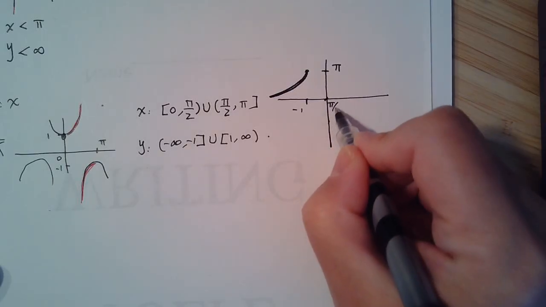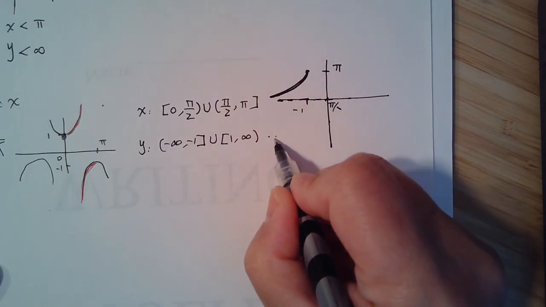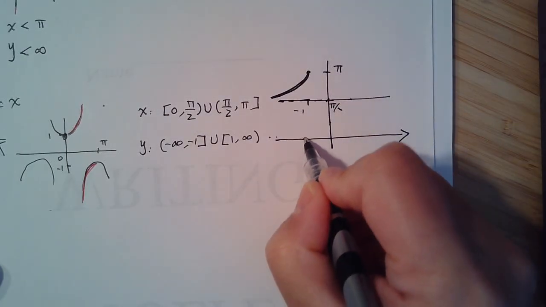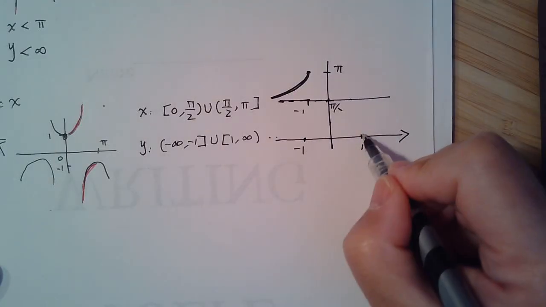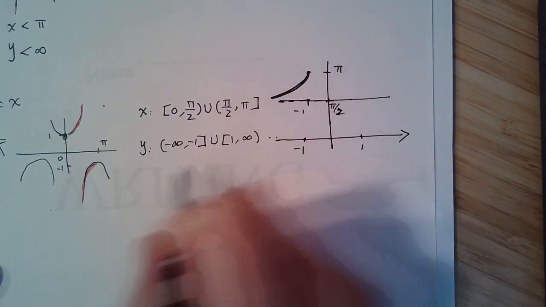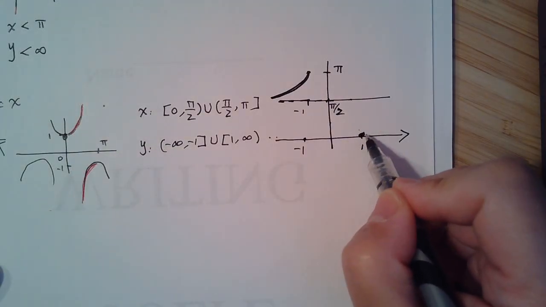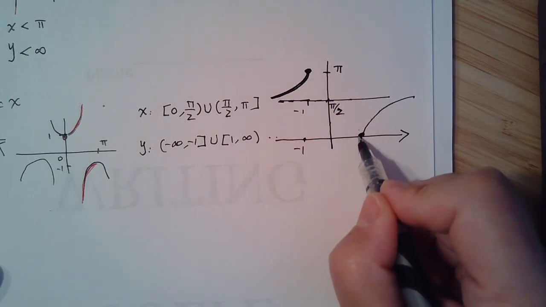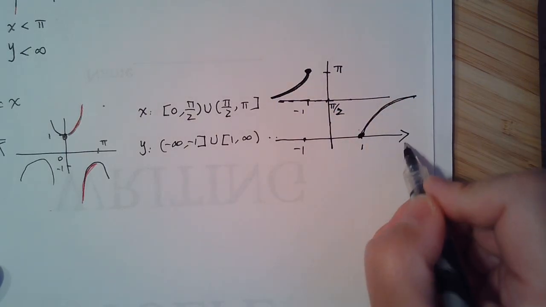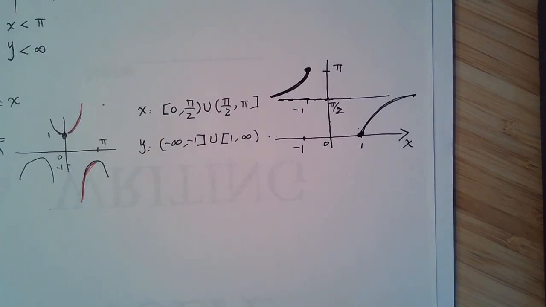This is pi over 2. I should put a dotted line here. So here is -1, here is a +1, and then I go. This, when you flip, you get it. This is a graph of the secant x.